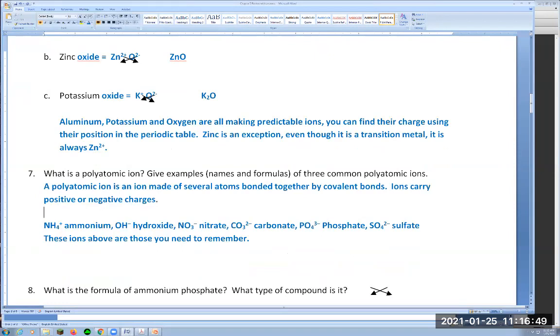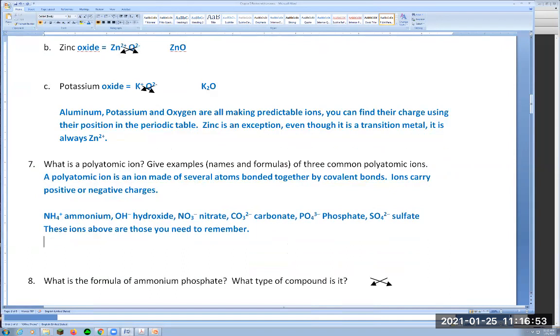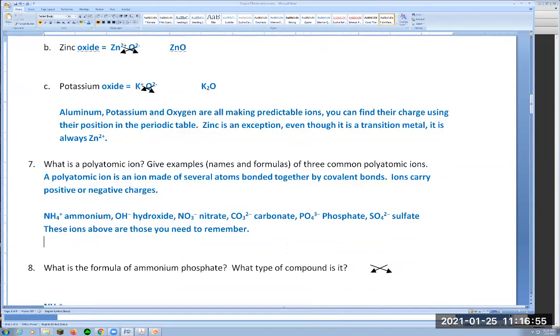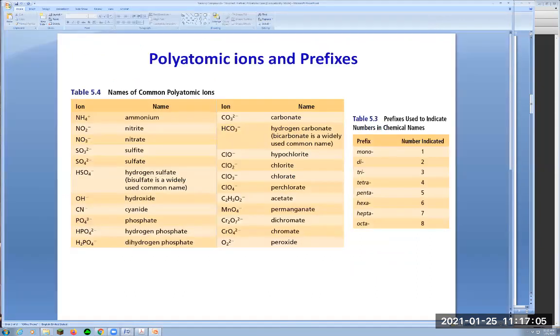What is the formula of ammonium phosphate? So we just saw above that ammonium is a polyatomic ion with formula NH4+. And notice, by the way, how ammonium is the only positive polyatomic ion. Everyone has negative charges except the ammonium.